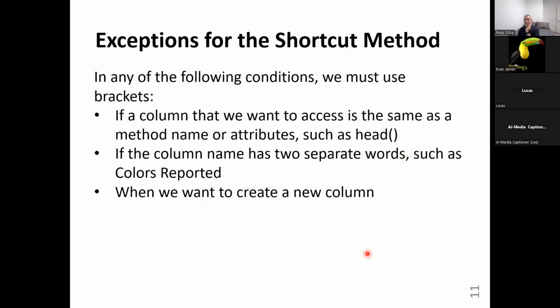Okay, so let's read it together. Thank you very much. If a column that we want to access is the same as a method name or attribute, such as head, if the column name has two separate words, such as colors reported, or when we want to create a new column, in all these cases there is no other option except using bracket notation.